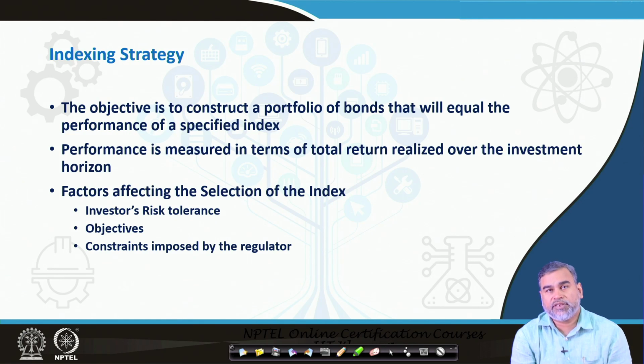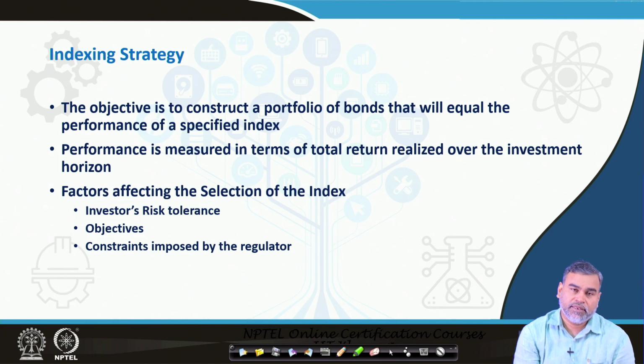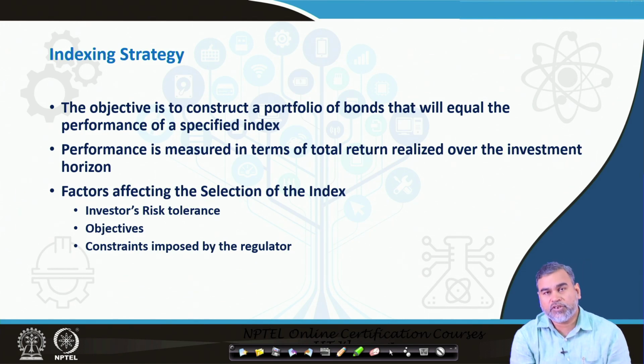If there is an index available and legally we cannot invest in that particular index directly, we can replicate it by investing in the same assets used in that index, and using the same proportion of money invested in each asset, the same methodology, in our replication of the index.